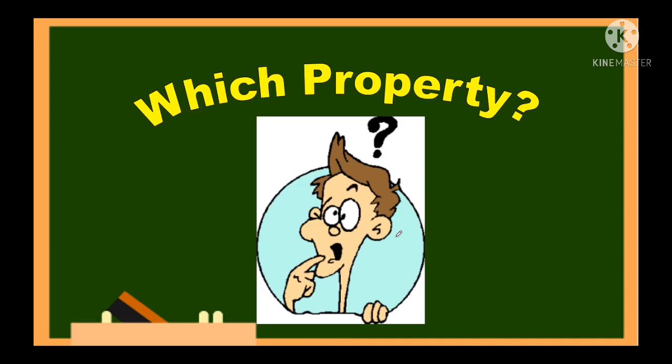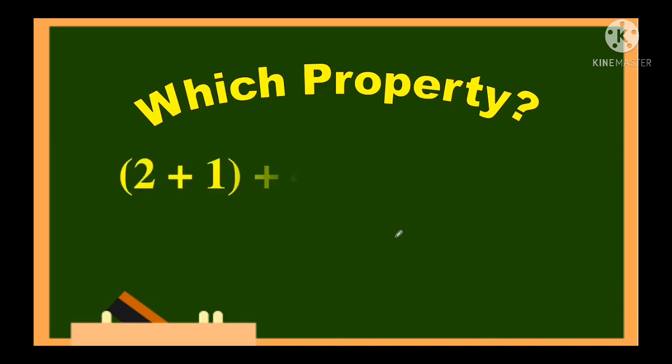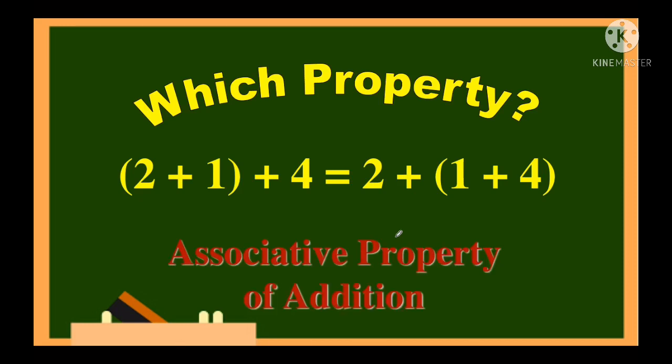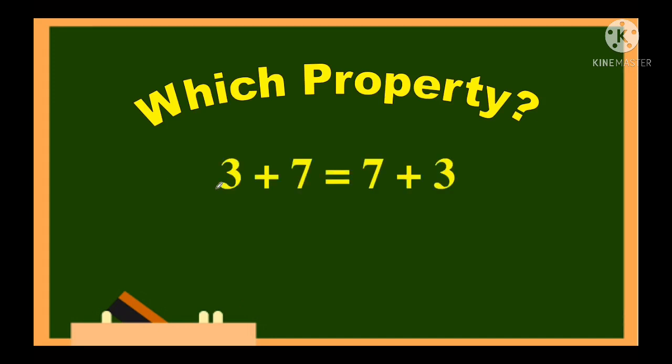Okay? Ready? First one. Good job. This one is associative property of addition. Very good. Why associative? It's because we have the parentheses. Good job. How about this one?